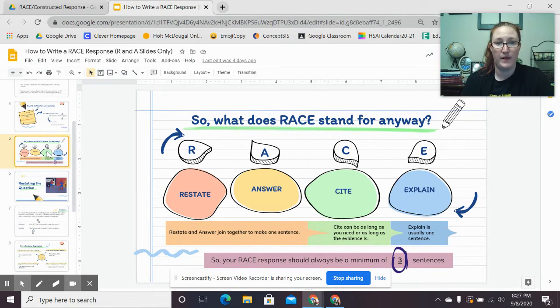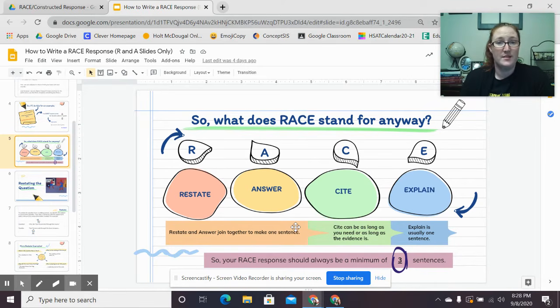All right, so now that we have that down, RACE stands for, like I said before, restate, answer, cite, and explain. Now it has 4 parts, but usually only 3 sentences. It could be a minimum of 3 sentences. The reason is that restate and answer join together to make one sentence. You have that beginning, the restate, and then the answer that I'm expecting you to plug in.